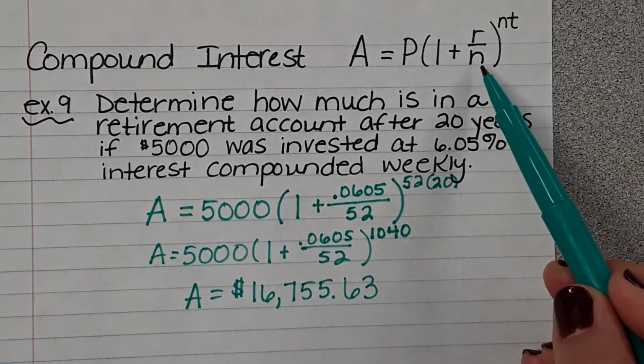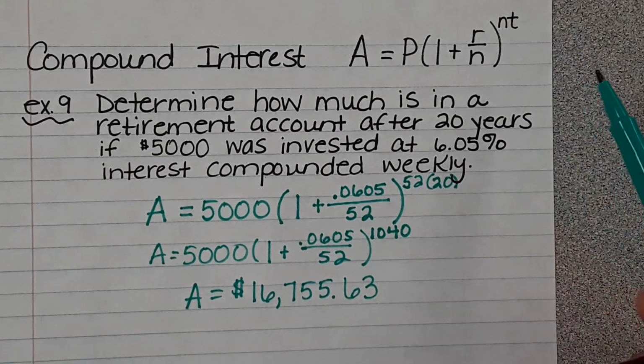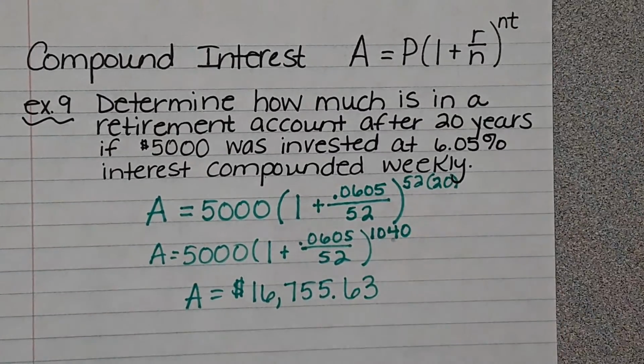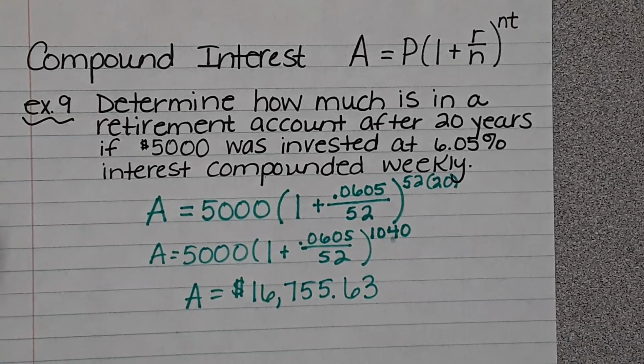How many times it's compounded in a year? And what does T mean? Time in what? Years. It's how many years are you going to let that money sit? Okay. Any other questions? R is rate. N is how many times it's compounded. Any other questions?